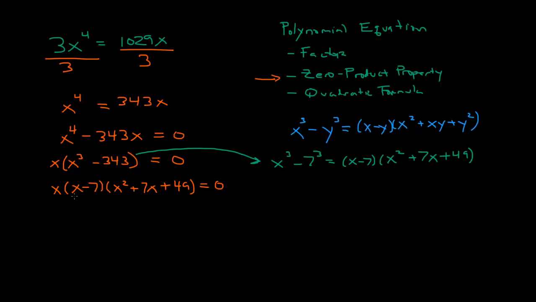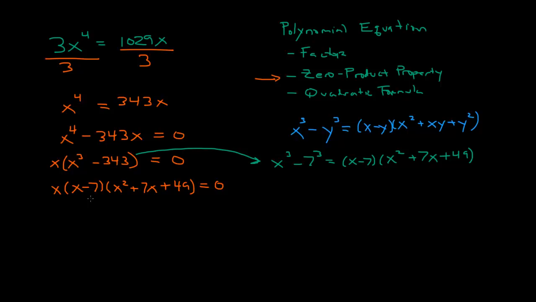It turns out this last factor is not going to be real, but you have these factors like this. So what we're going to do here is set each of these factors individually equal to 0: set x equal to 0, set x minus 7 equal to 0, and set x squared plus 7x plus 49 equal to 0. We're going to solve each of those individually.